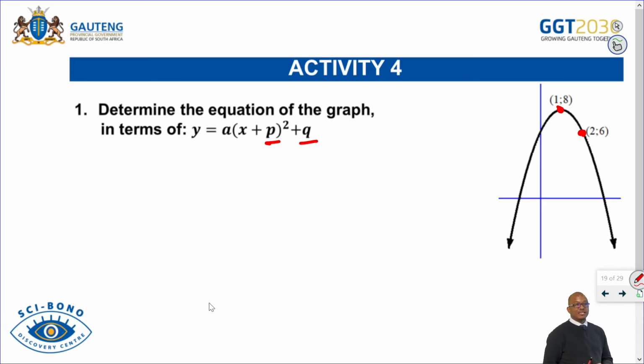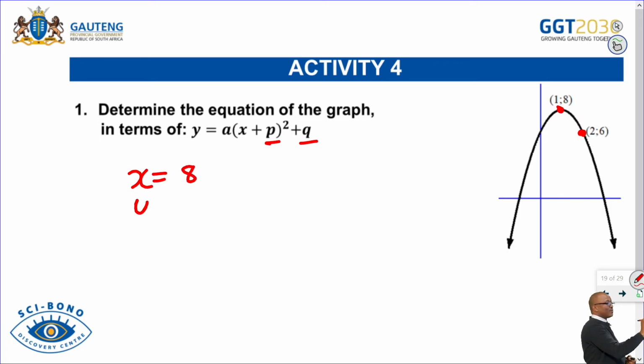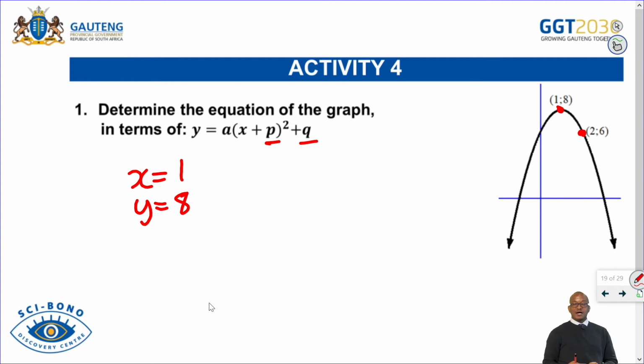And how do we do that now? We have x is equal to 1, y is equal to 8. Correct. Those are the values of the turning point.